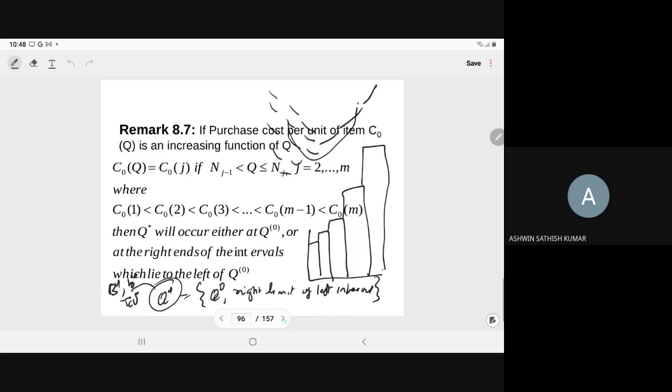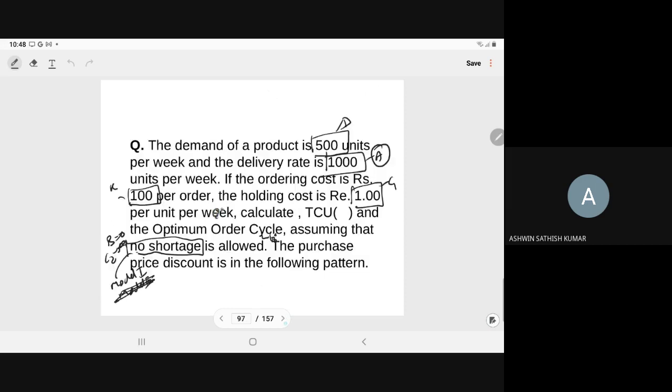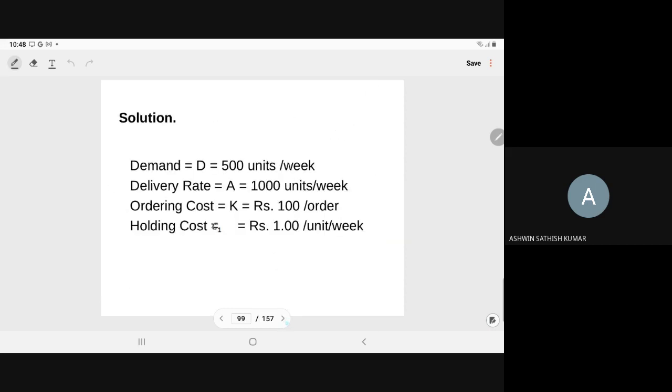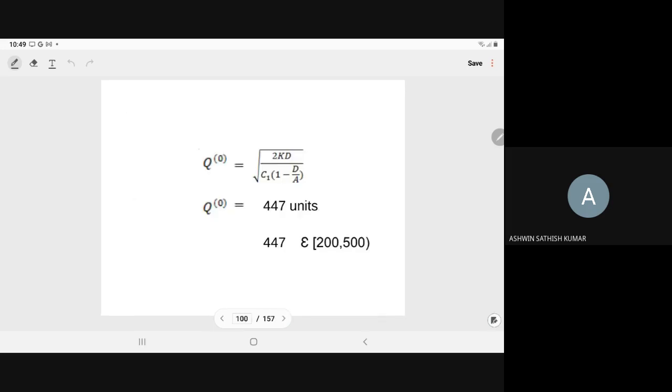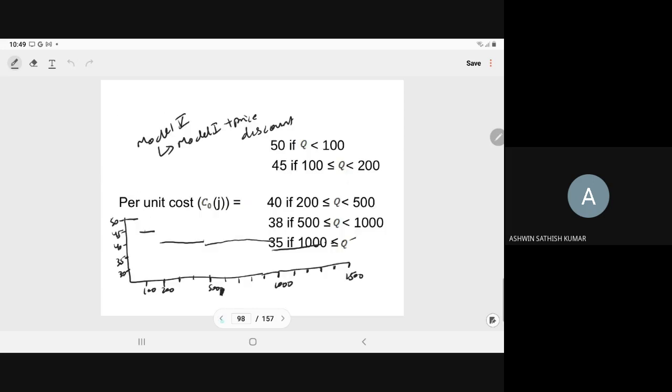Here we have the following information. From here we compute Q naught as 447, and this 447 belongs to the interval 200 to 500.